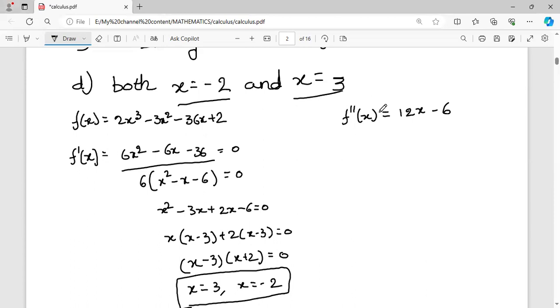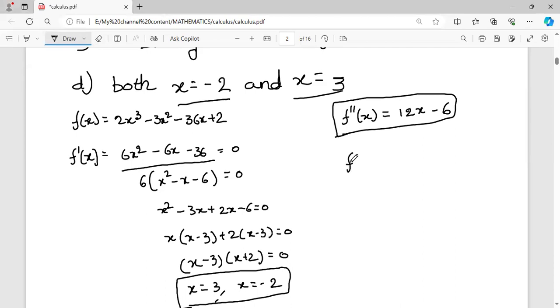The constant term, the differentiation becomes 0. So this is the double differentiation, second differentiation. Then in this expression, you have to substitute these two values, x equal to 3 and x equal to minus 2.